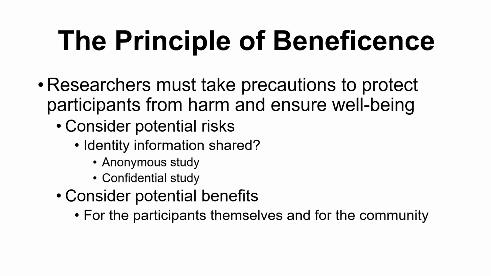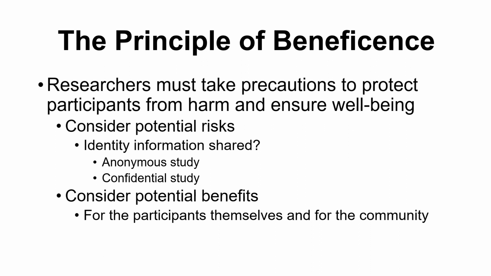Our second principle is that of beneficence, and this says that researchers have to take precautions to protect our participants from harm as much as possible and to ensure their well-being. So we, as researchers, need to consider potential risks. Have they given us any information that might get out and connect them to this study? And if so, how do we assure them that it's protected?